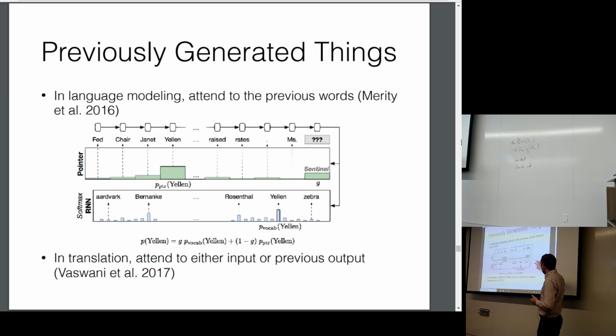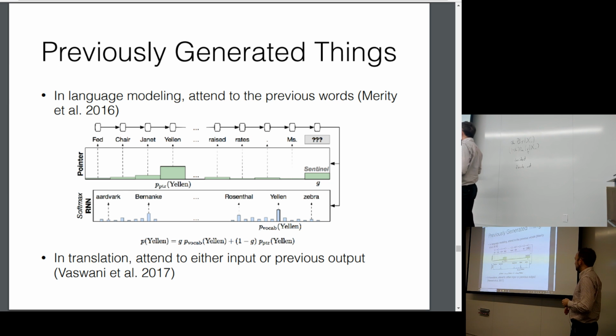The problem with these models is that if you're training the model on the correct input, it seems like a very good idea to often be copying from the stuff that you've already generated. Because you get Fed Chair Janet Yellen, and Janet Yellen is always going to be correct. So next time you see Yellen, of course you're going to want to use Yellen, because it's a rare word that you've seen before. You should increase its probability.